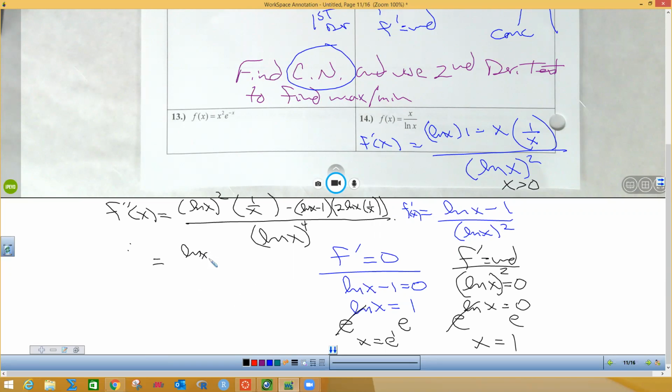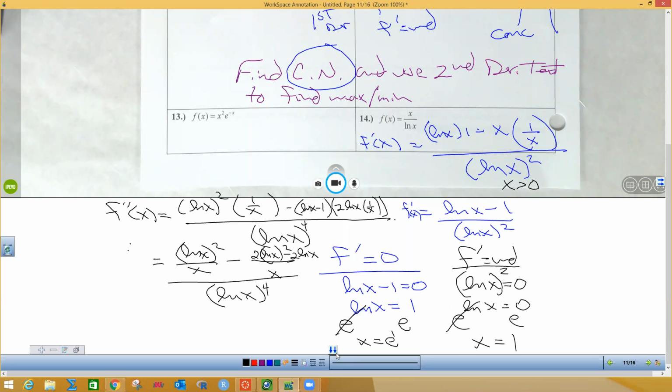I'm going to get the natural log of x squared over x minus, I guess I can distribute this over to here, it doesn't matter. So I got minus, I'm going to have an x in the denominator. 2 natural log of x times natural log of x is 2 natural log of x squared. And then minus 2 natural log of x all over the natural log of x to the 4th power.